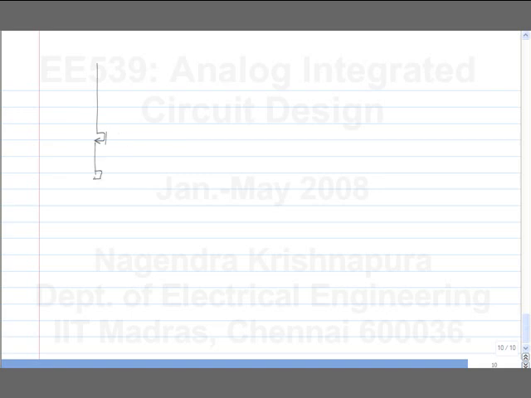This is the cascode. I won't discuss the whole problem now, but only one part of it. So this is at some V bias 2, let's say.